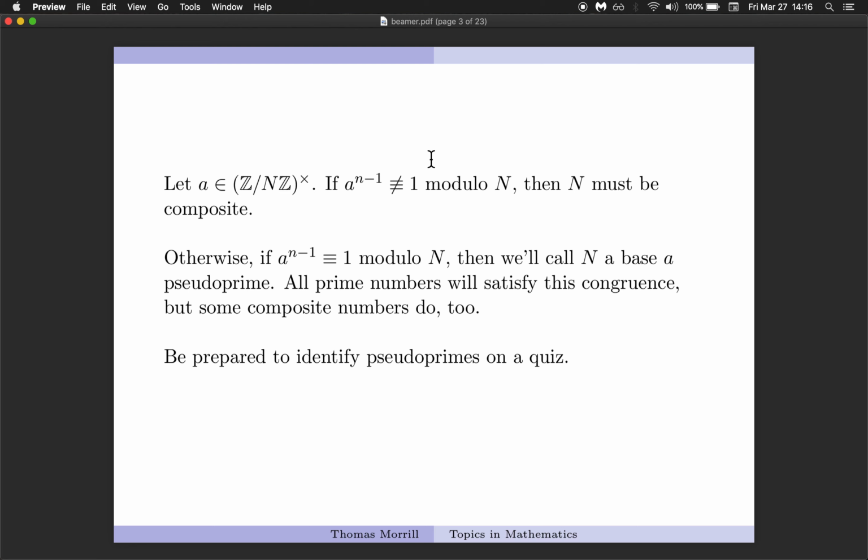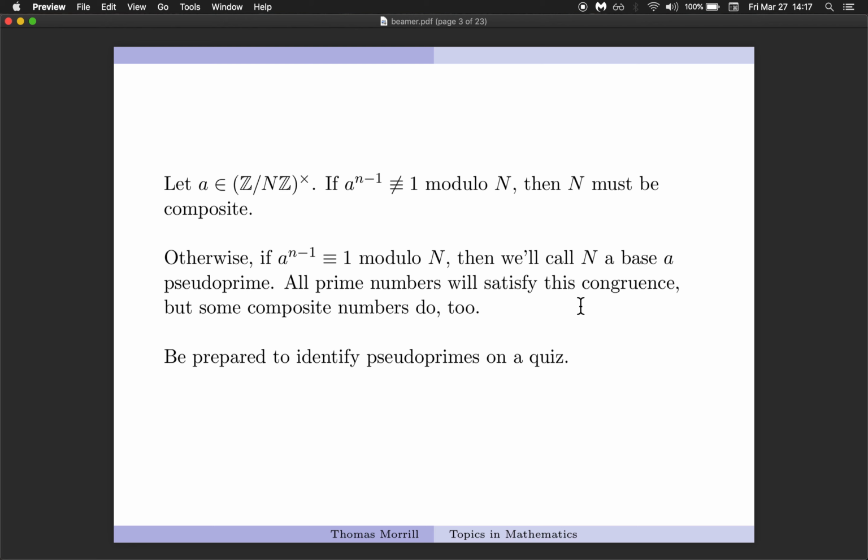Yesterday for me. I don't know if that was yesterday for you. Now, we can definitively say when this test tells me I've got a composite number. But if I get what I'm expecting, if I get a to the power n minus 1 is 1 modulo n, well, n could be a prime number. All prime numbers will satisfy this congruence.